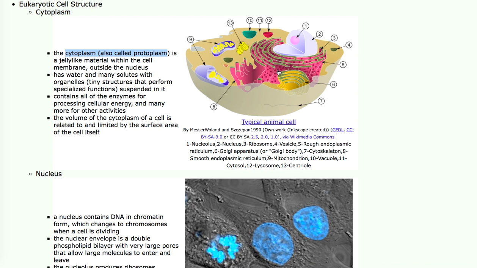And as it turns out, for very small cells, the surface area of this tan material out here can actually keep the cytoplasm supplied with nutrients, oxygen, get rid of carbon dioxide, etc. But as a cell gets bigger, it turns out the volume gets bigger faster than the surface does. And so that's why there really are no big cells on Earth.